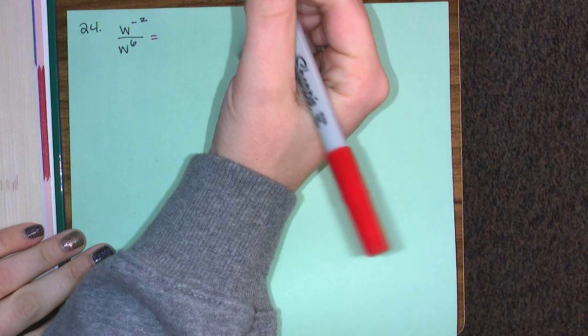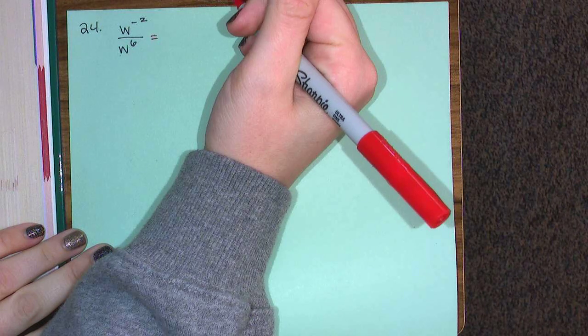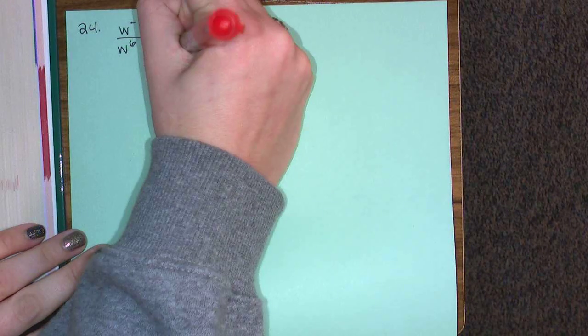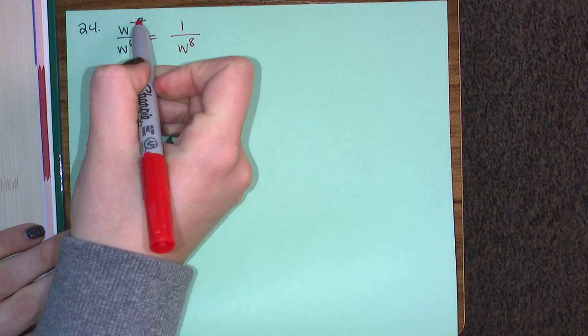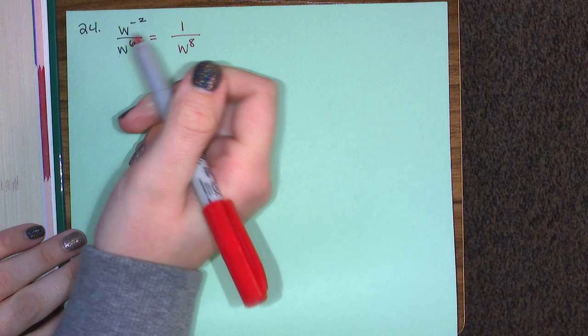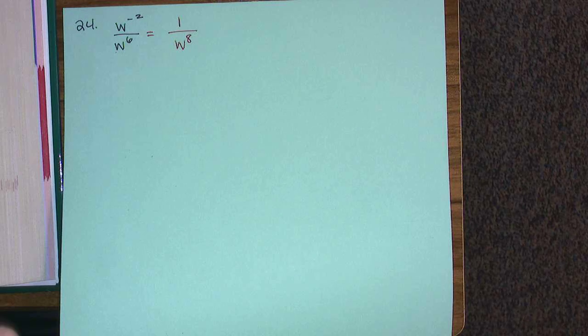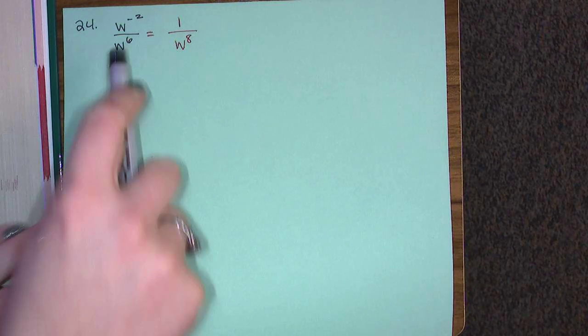So what do I need to do to this one to give me positive exponents? Okay, so what does that give me then? Okay, so I'm adding this 2 to the bottom, so it's 1 over W to the 8th. Because it's positive 6 on the bottom.